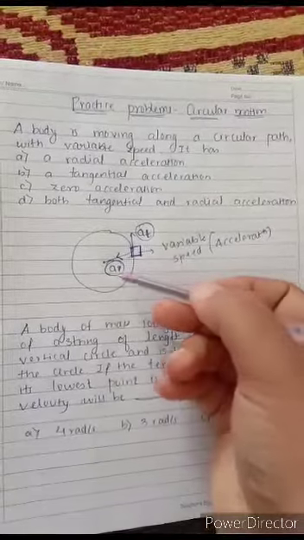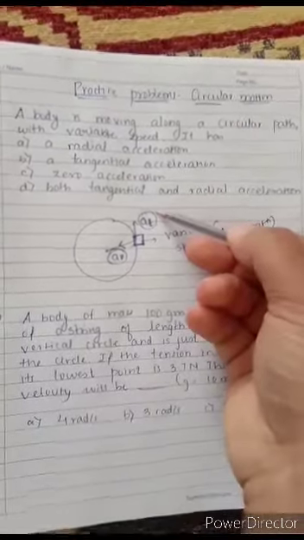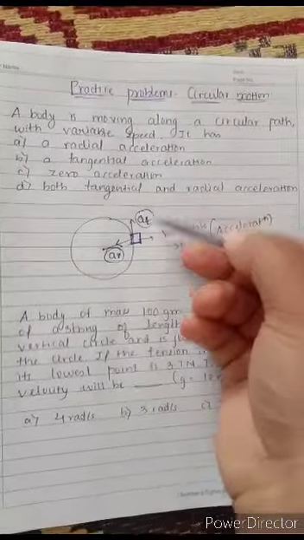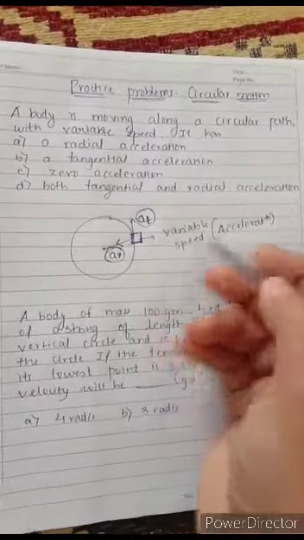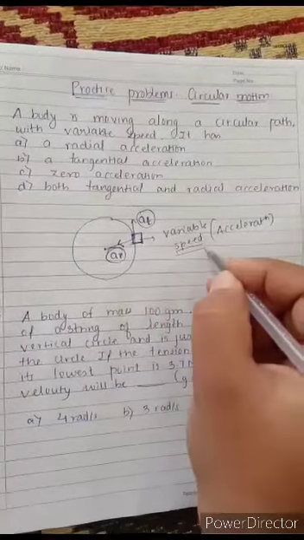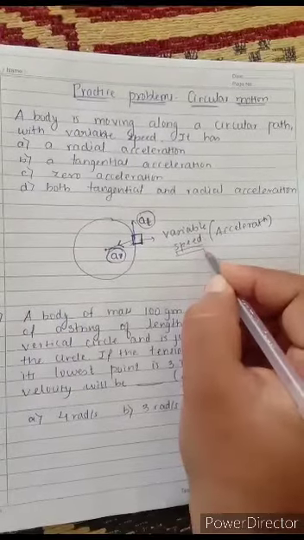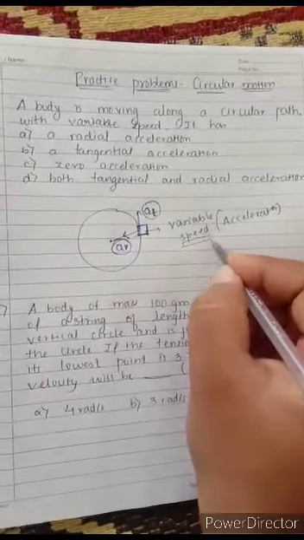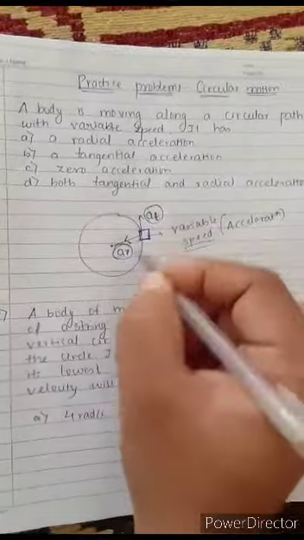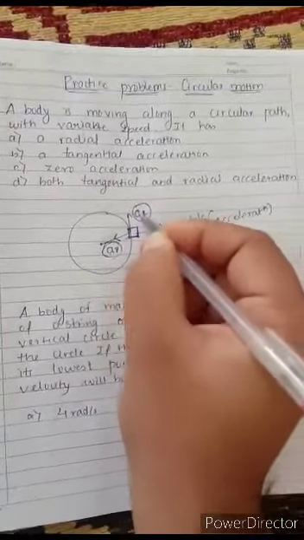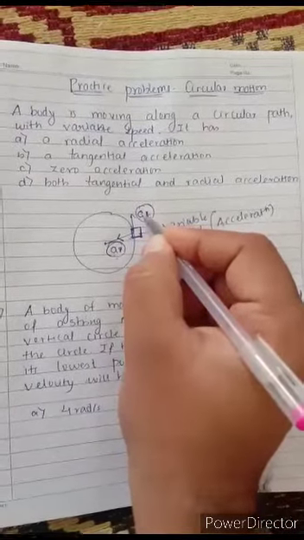Now radial acceleration as well as tangential acceleration, both these accelerations act whenever we have variable speed. So if you are given in the problem that the speed is variable, then always remember to select that both accelerations are acting over the particle.